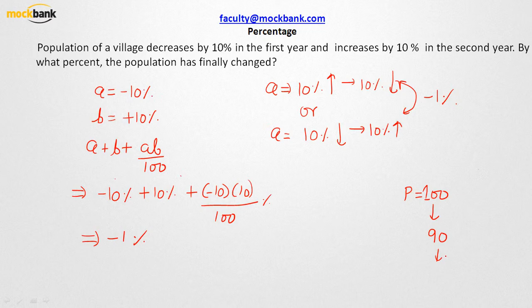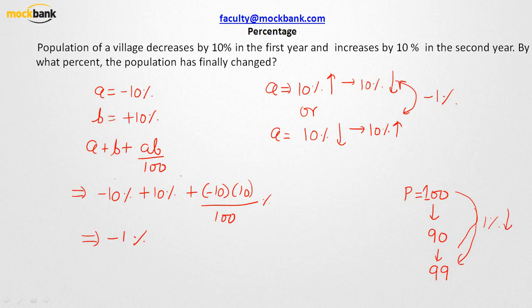And in the second year it is increasing by 10%. So what is going to increase by 10%? Not 100, it is 90 that is going to increase by 10%. So how much does it become? It becomes 99. So can you see that after 2 years, the population is still less by 1%?